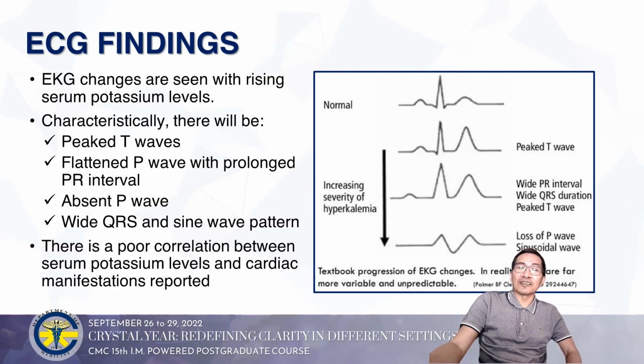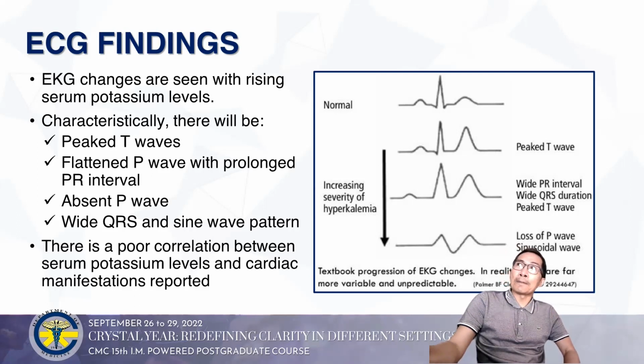Characteristically, from the normal ECG, you will see changes in your T waves, your P waves, your PR, your QRS complexes, and what will you see? You will see peaked T waves, flattening of your P waves with prolonged PR intervals. You may have an absent P wave. You may have widening of your QRS complexes leading to a sinusoidal wave pattern.